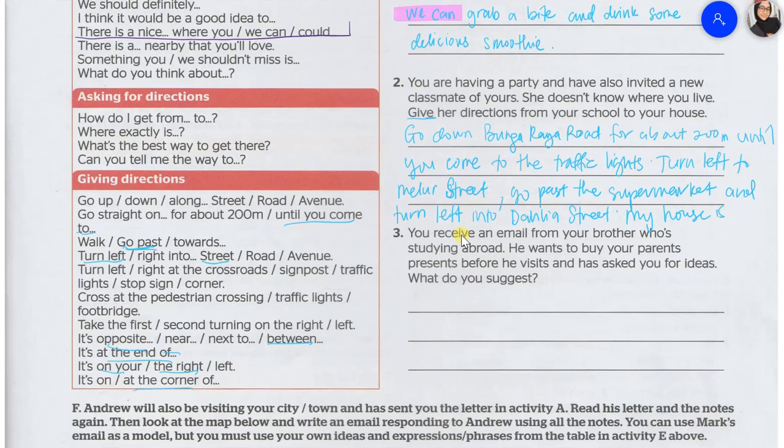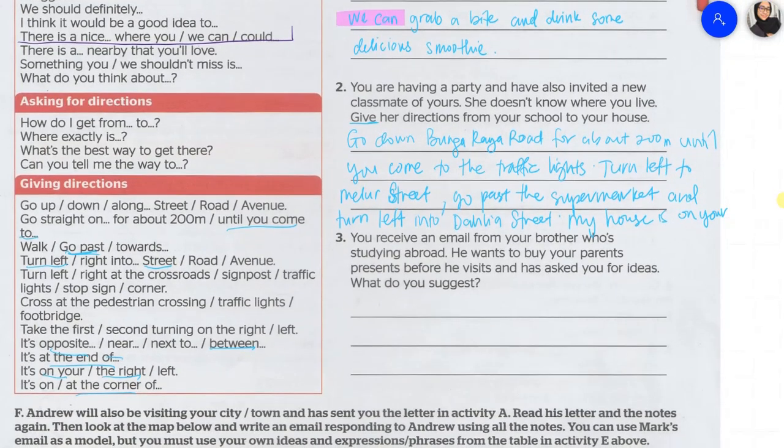My house is okay lah. My house is on your right. There you go. This is some kind of direction, is it? Okay lah.